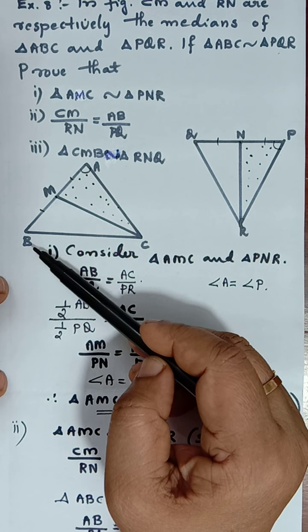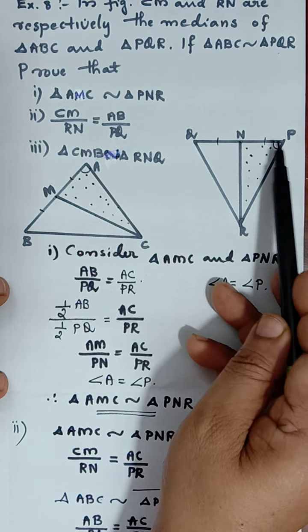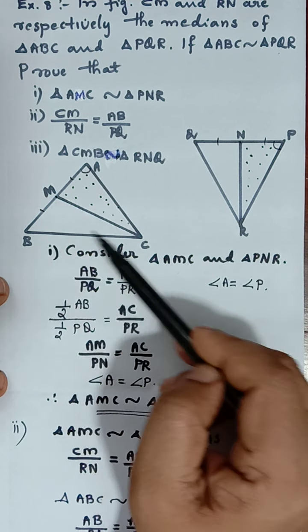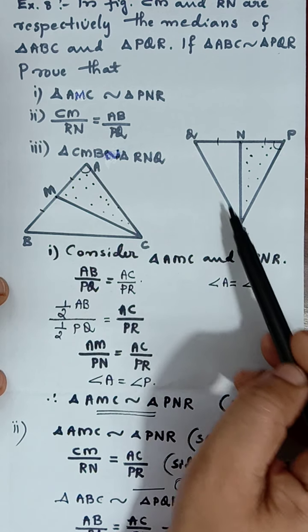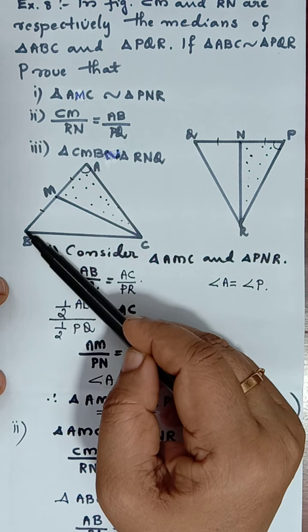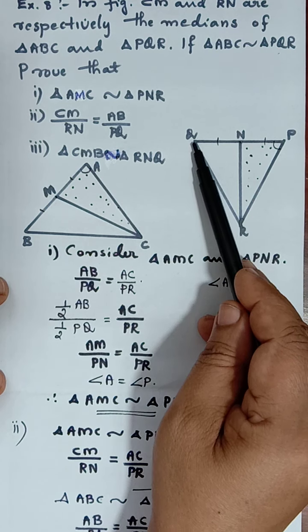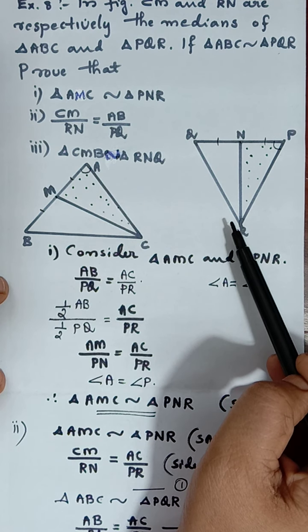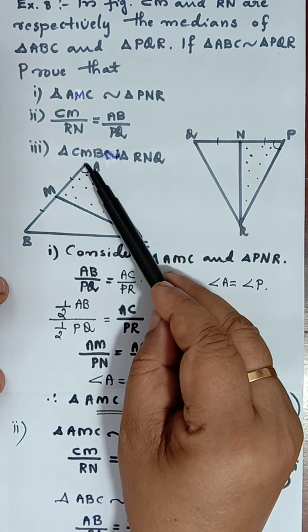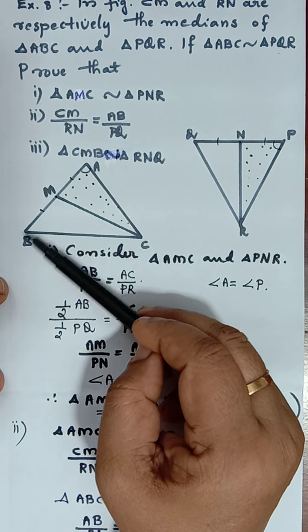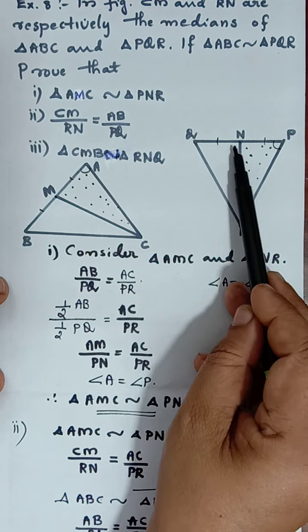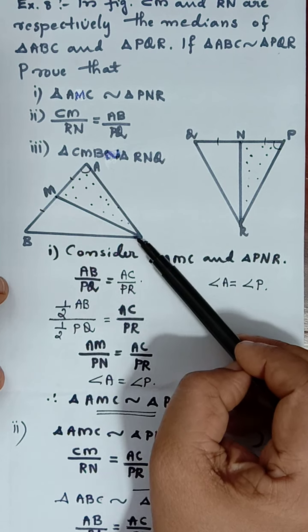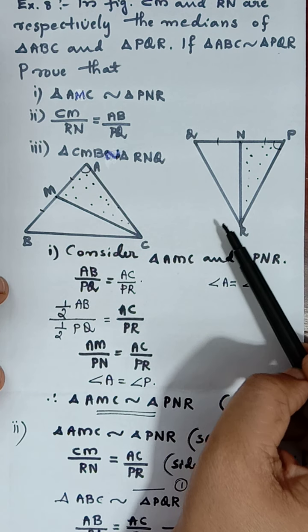That ratio will come. We know AB by PQ is equal to BC by QR. Therefore, half of it we have to take, half of AB, that is BM by QN is equal to BC by QR.